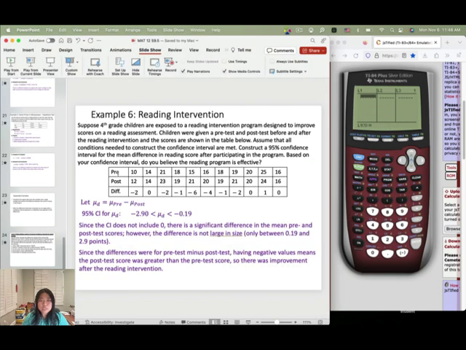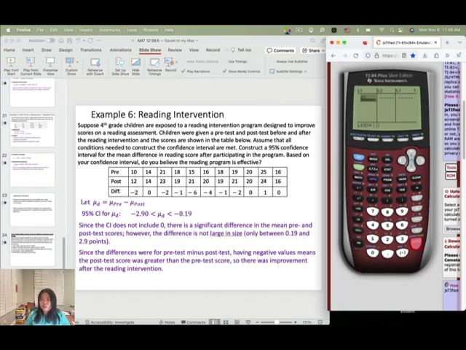On L1, I'm going to plug in my pre-test. On L2, I'm going to plug in the post-test. You could either just plug in the difference here, but I want to double check my work.